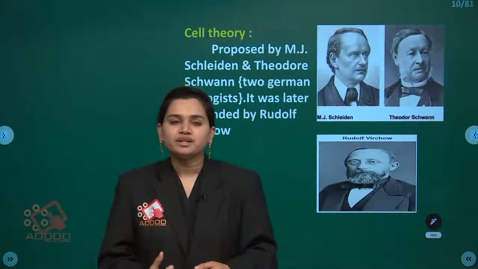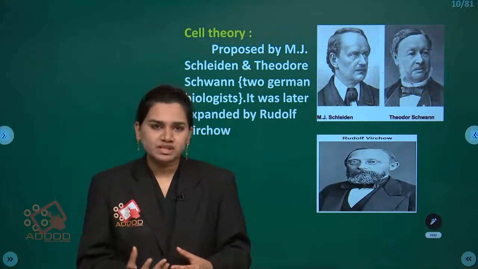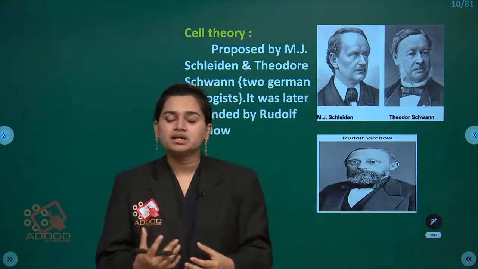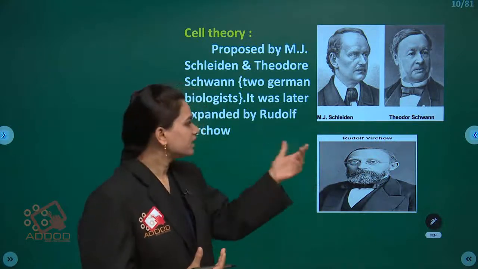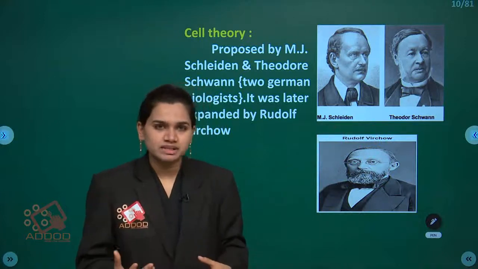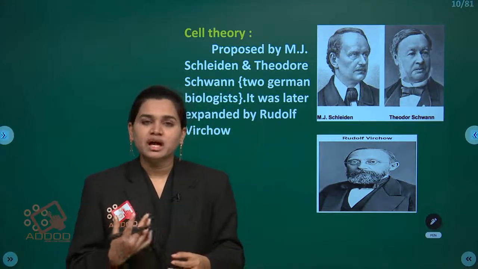After various scientists observed the structure of cell, two scientists, Schleiden and Schwann, proposed a cell theory. Schleiden was a zoologist who observed the animal cell, and Schwann was a botanist who observed the plant cell.